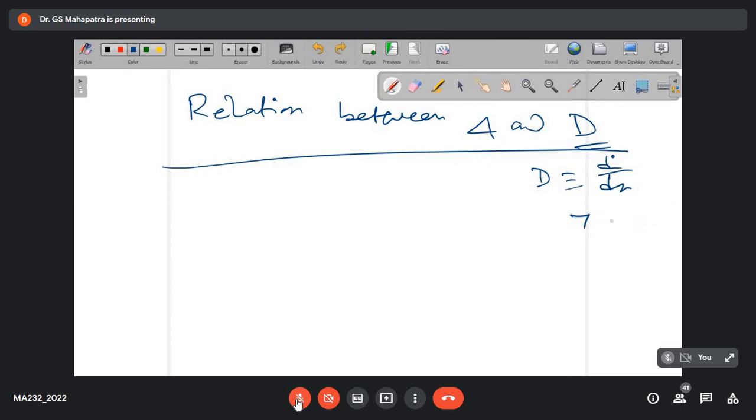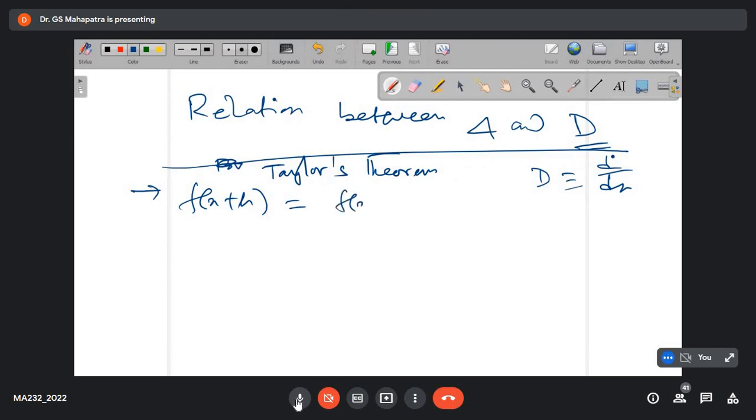Now the proof. What is f of x plus h? Can you write the Taylor series expansion, or Taylor's theorem? f of x plus h equals, tell me quickly.